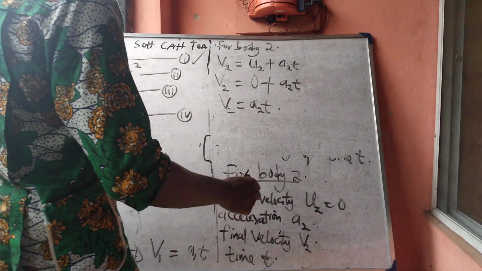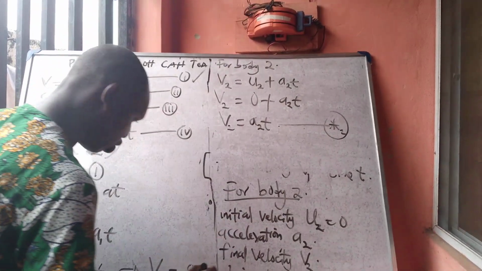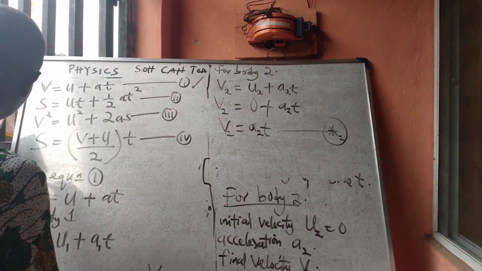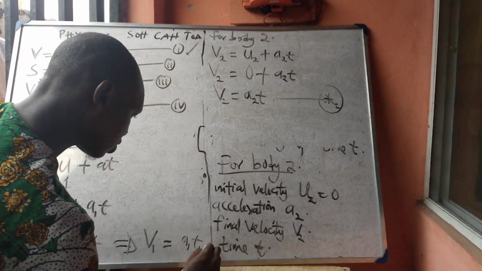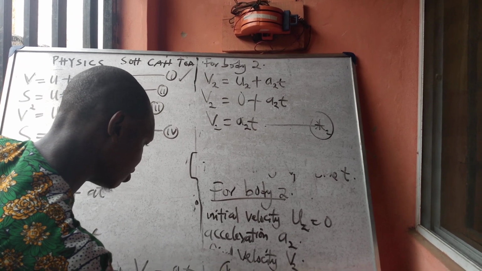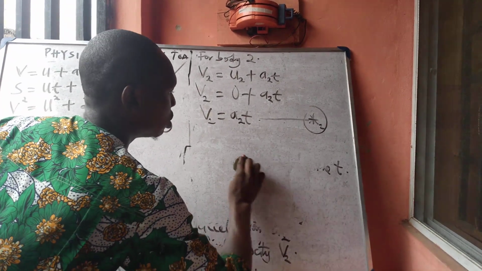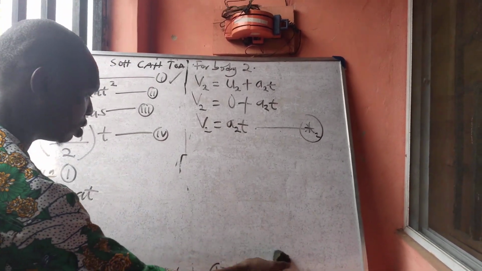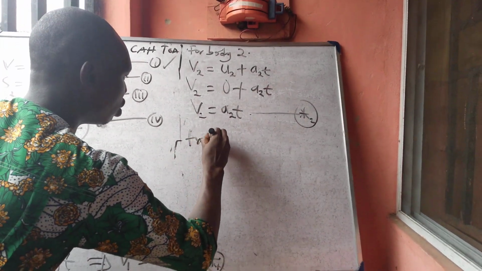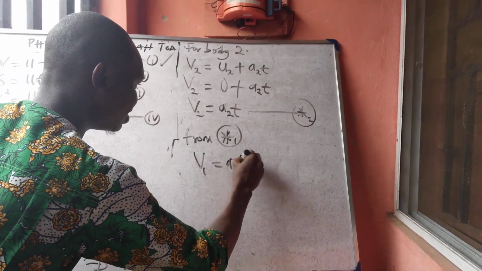We can call this equation asterisk 2, and call this one equation asterisk 1. So we are going to make t the subject of formula, from equation asterisk 1, that v1 is equal to a1t, right?